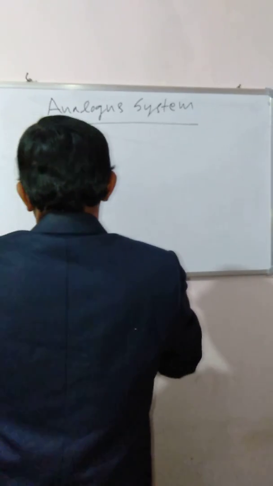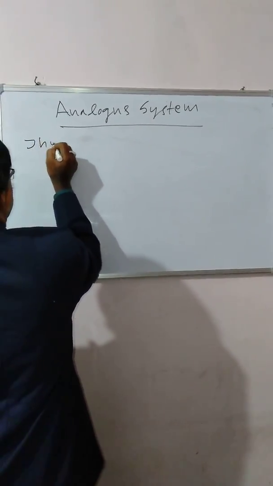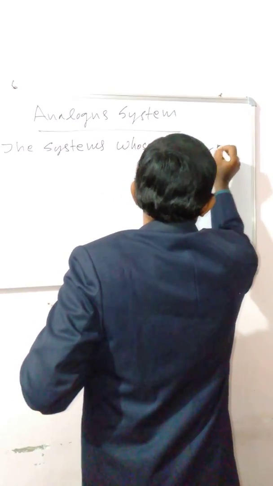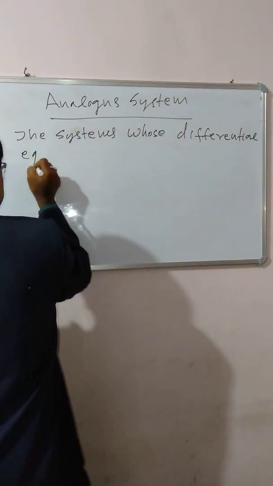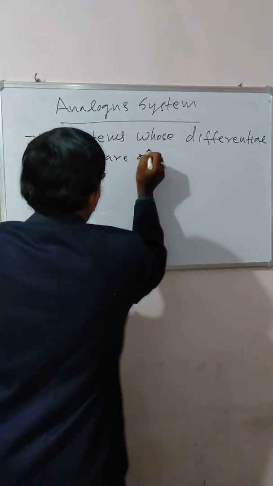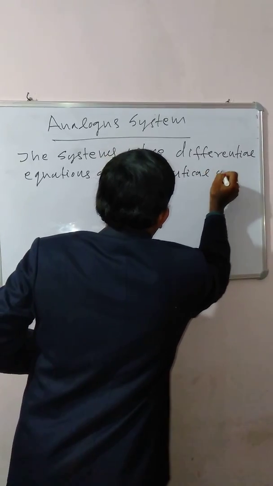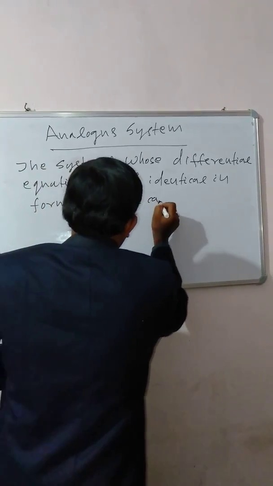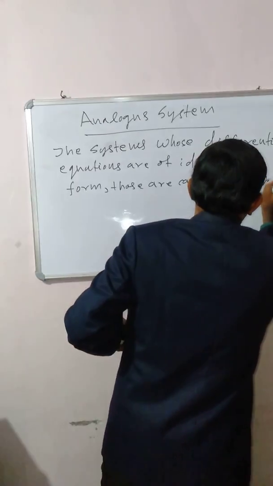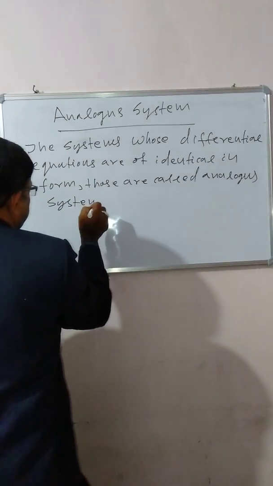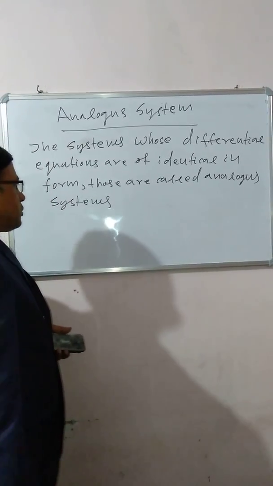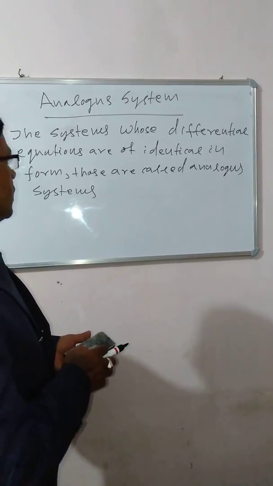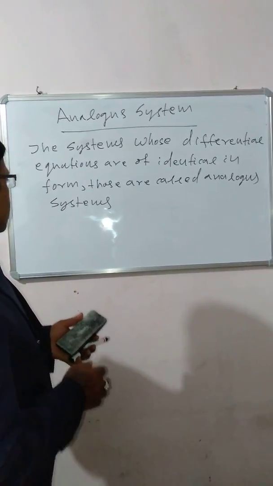First you should know what an analogous system is: systems whose differential equations are of identical form are called analogous systems. Generally, analogous systems are very useful in research work, and we can also calculate a mechanical translational system with the help of electrical circuit theory using analogous systems.